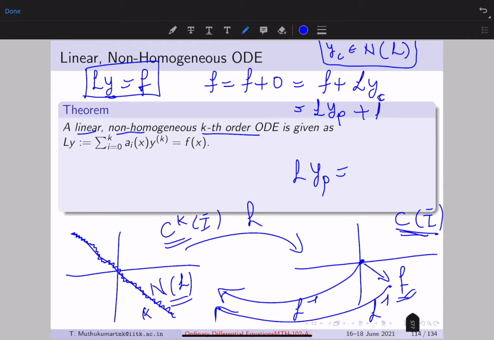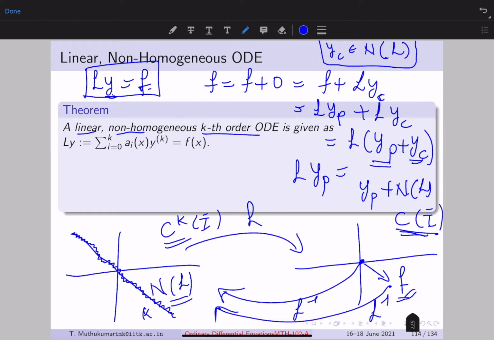Then Ly, Lyc, but L is linear, so this is the same as L of yp plus yc. So if you want to find all y such that Ly is f, it's actually yp plus null space of L, because any yc is an element of the null space.